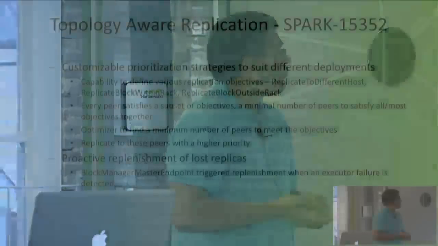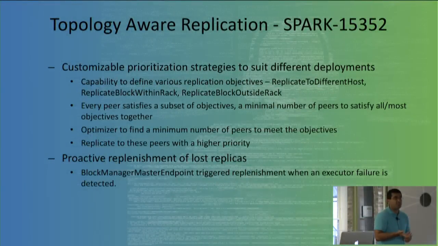The third part to this problem is proactive replenishment of lost data. So this is something we envision the block manager master endpoint, which is housed in the driver, and which knows which executors are up and running, through heartbeats and such, would handle. It would know that an executor has failed.